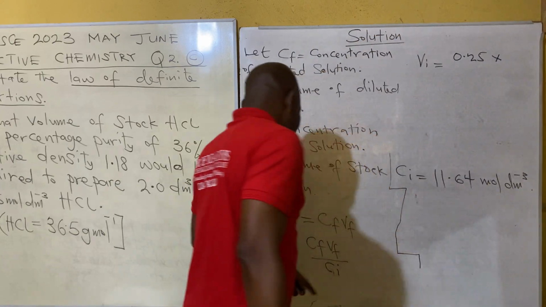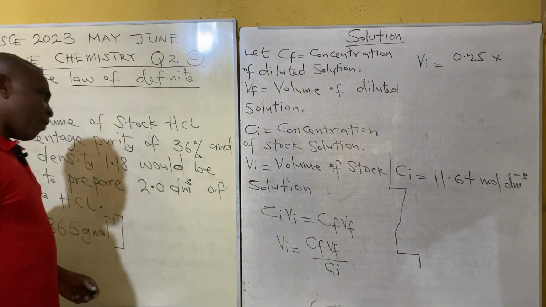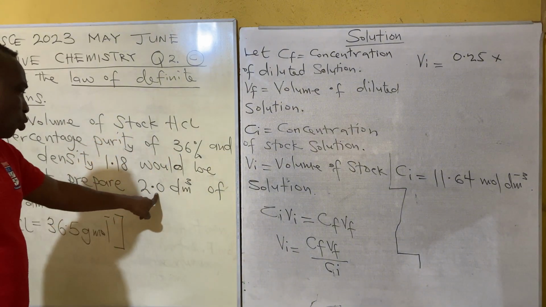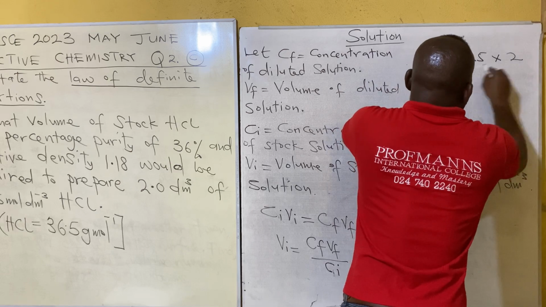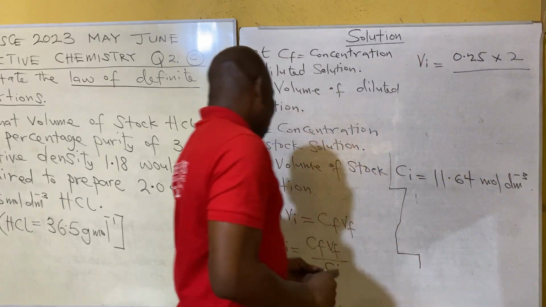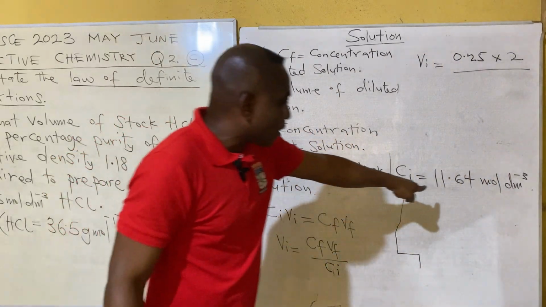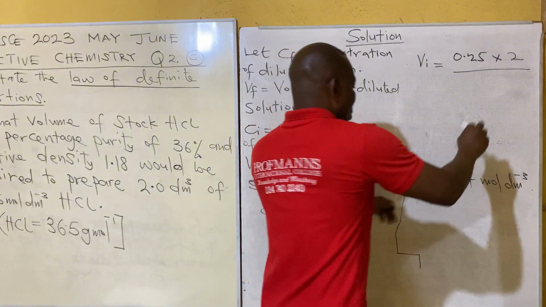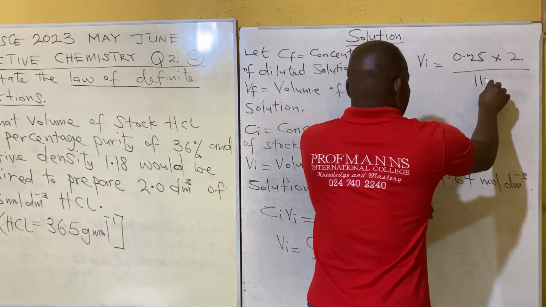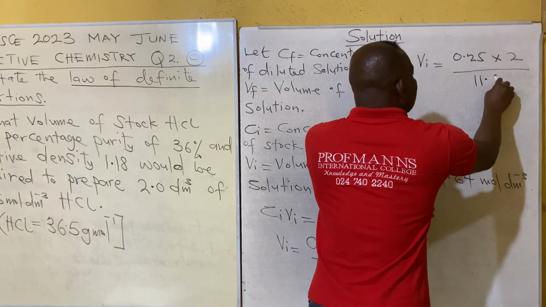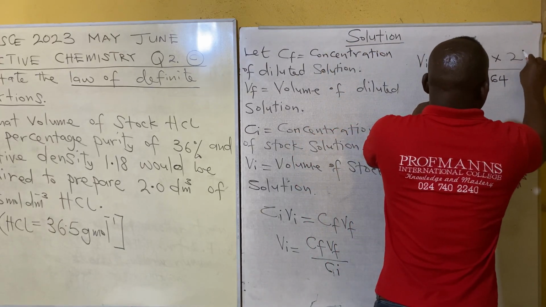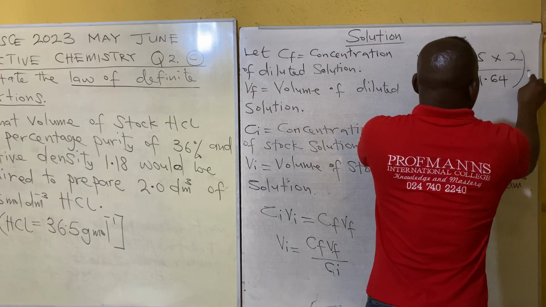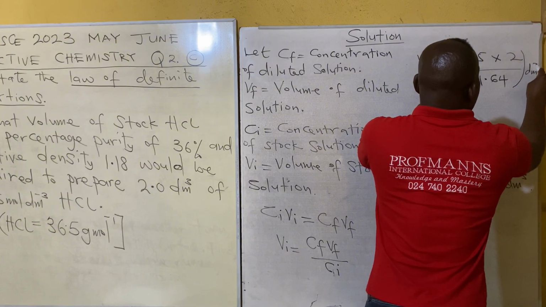So times the volume of the diluted solution to be 2.0 dm cube. So times 2 all over the concentration of the stock solution, which we have calculated to be this. So 11.64 mole per dm cube.